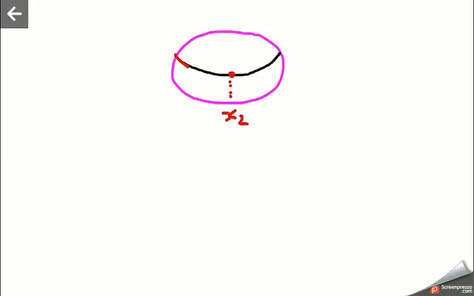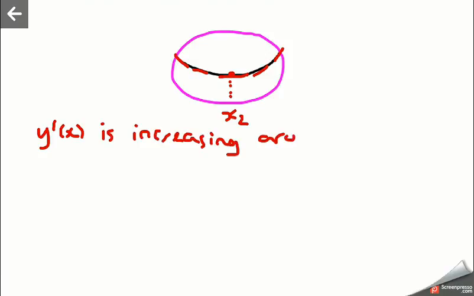So first they're negative, then they're getting less and less negative, and then finally it reaches 0 at x2, and then they start to get more and more positive. So actually the tangent line slopes are increasing around x2. So that tells us that y prime of x is increasing around x2.